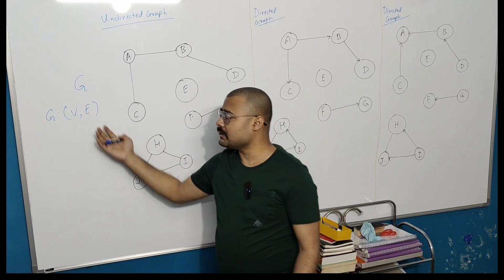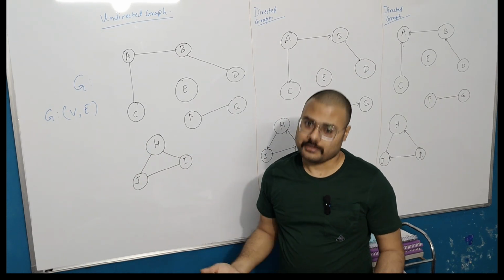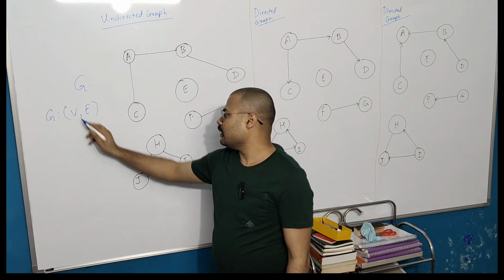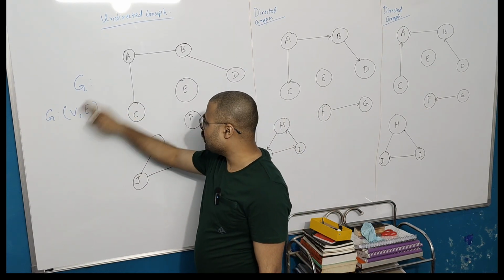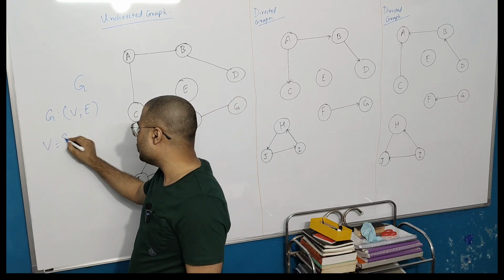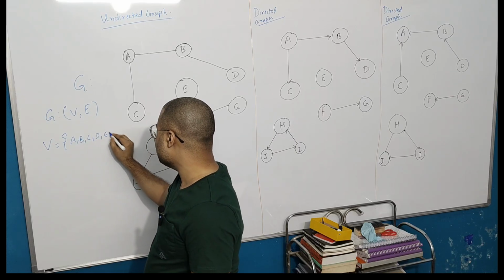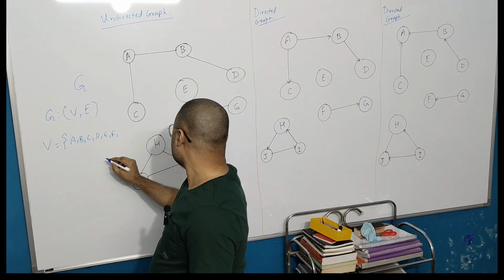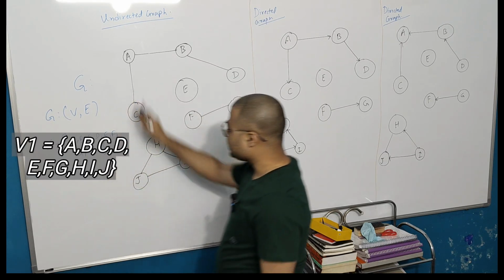These two sets completely represent one graph. For this graph G, what are the vertices? The vertex set V is equal to A, B, C, D, E, F, G, H, I. These are the vertices in this set.